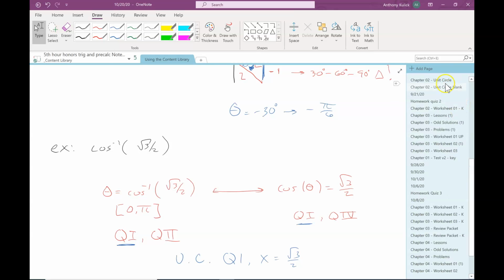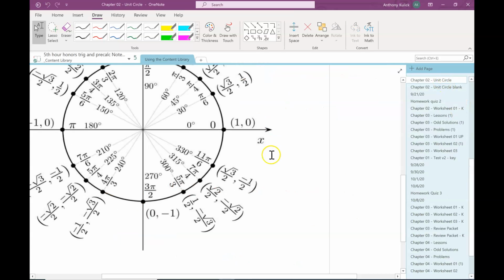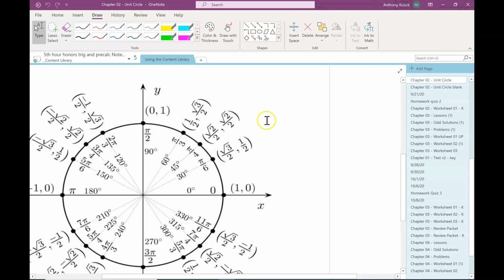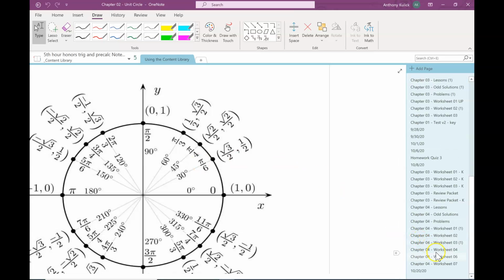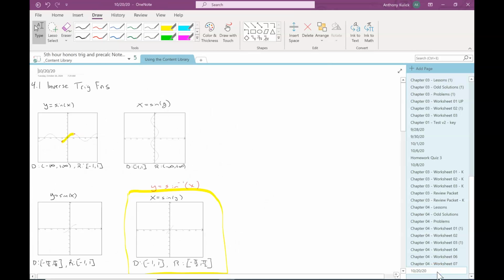So I'll go to my unit circle, and I'll look in quadrant 1, I'm going to find where the x-coordinate is square root 3 over 2. And that x-coordinate is the one that I need. Or I'm sorry, that angle measure is the one that I need. Is everybody okay with that?